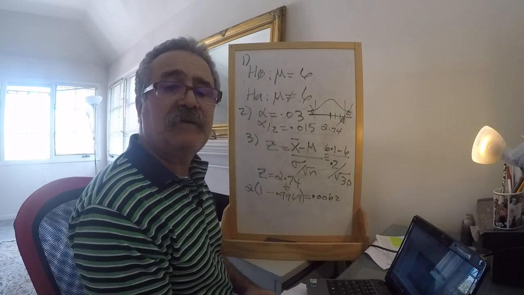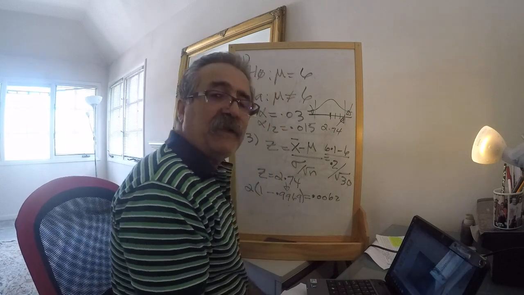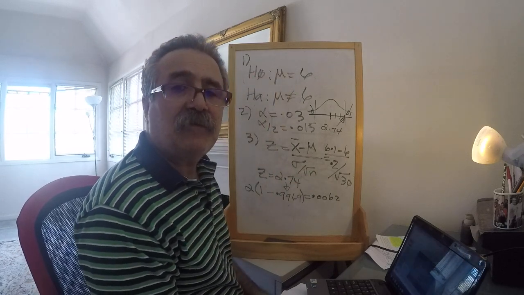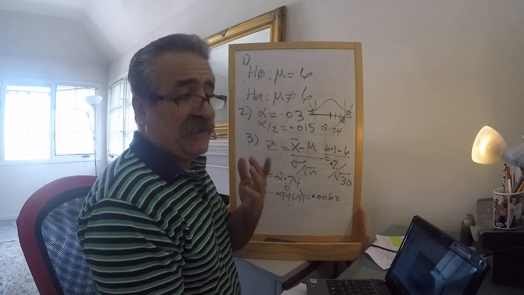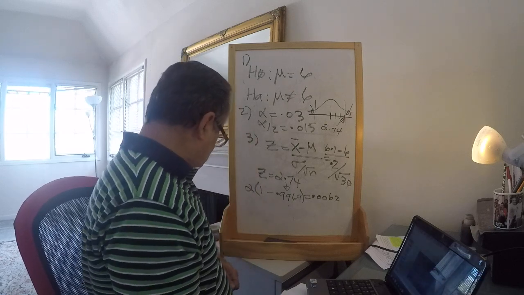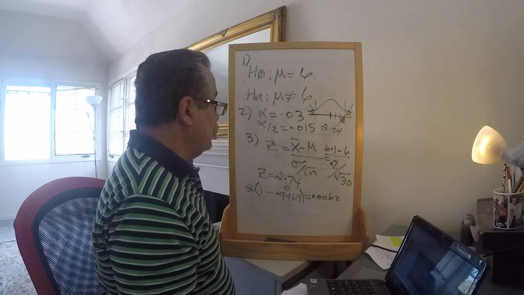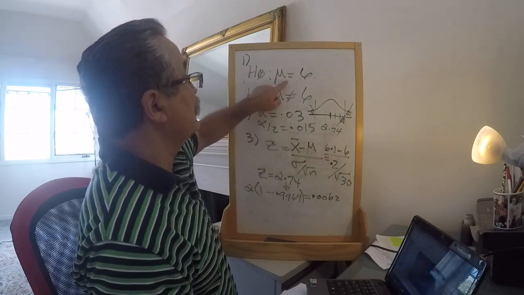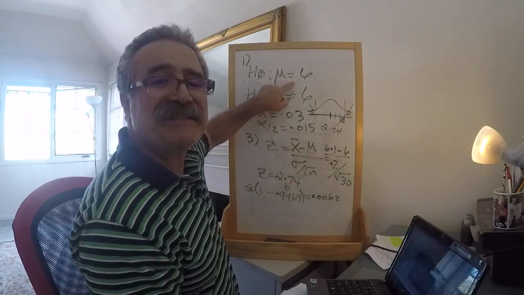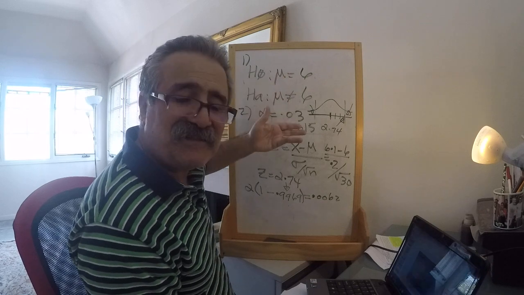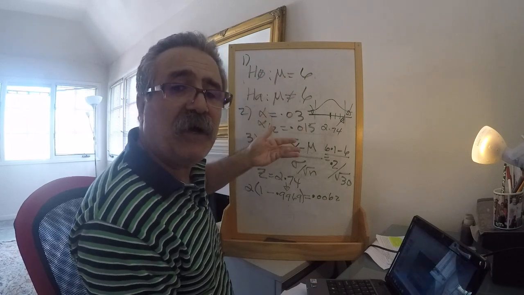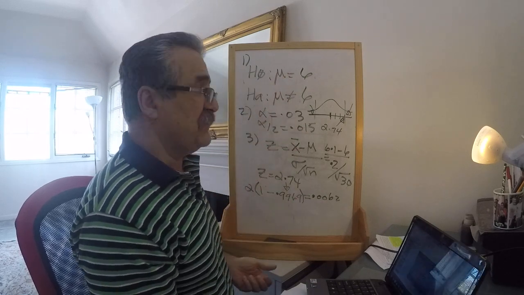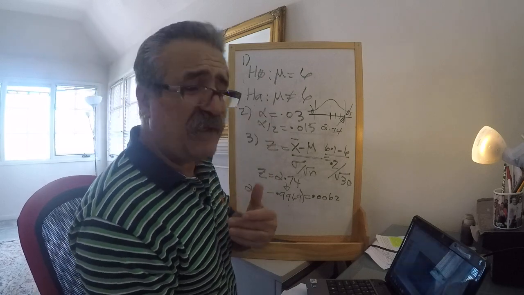Underfilling is going to make the company liable towards their customers. So that's why they have to make sure that the average is going to be exactly equal. So decide whether they're going to fix the problem or not. That's why we call it decision making.